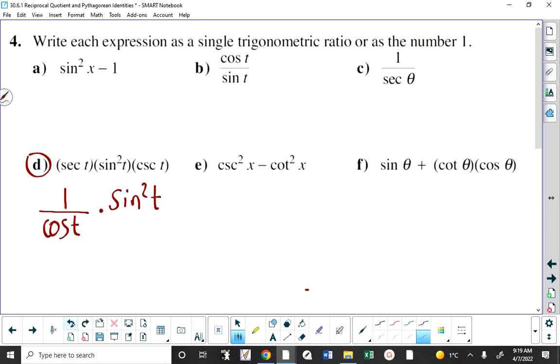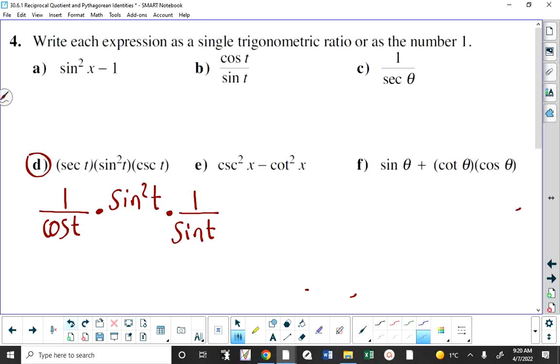So we have times sine squared of t, and then we also have times, and even look at where I put the times symbol. Everything's lined up nicely. I'm not all over the place, and I think it's helpful. Cosecant of t is 1 over sine of t.